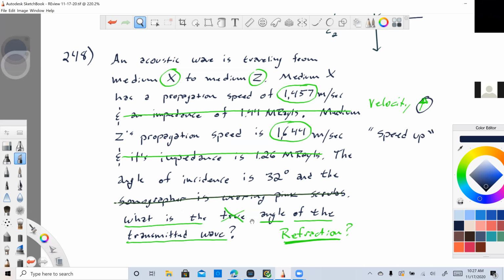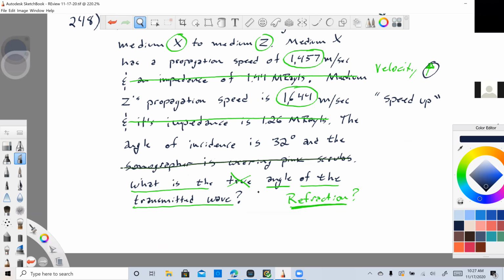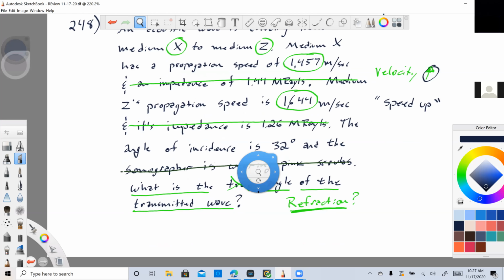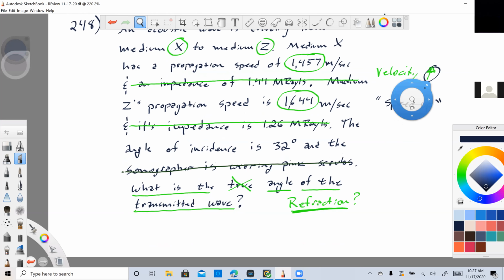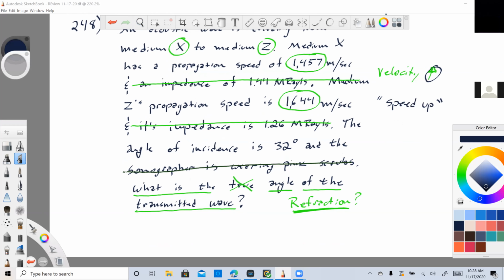So let's see what our question 248 says. A is greater than 32, B equal to 32, C less than 32, and D cannot be determined. Well, we can determine. And it speeds up, so it's not equal to 32.